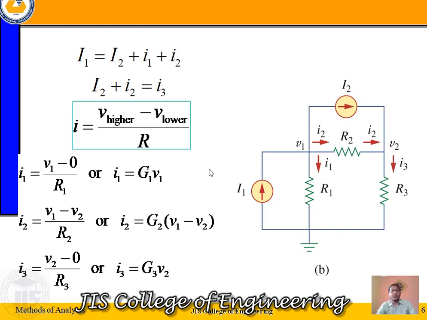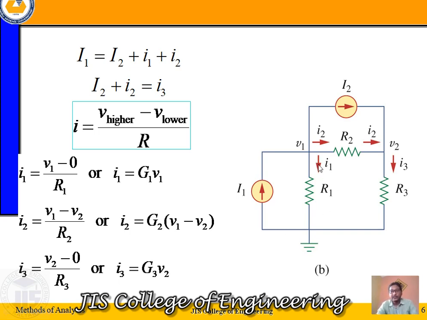Now, for the first equation, capital I1 is equal to capital I2 plus small I1 plus small I2, we are going to find all these current values in terms of voltage and resistance.